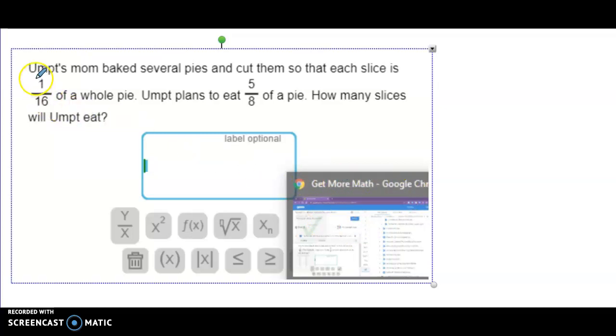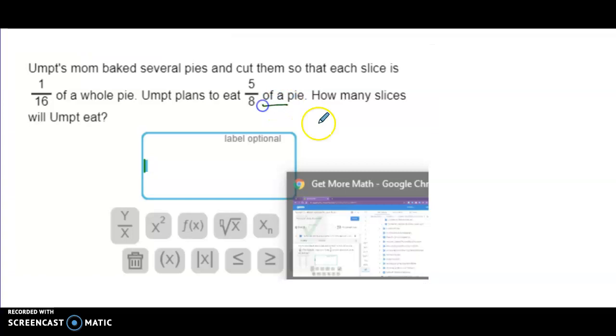Sorry about this. Mom has baked several pies, and she's taken each pie and divided them up into smaller slices. And each pie, one slice is equivalent to 1/16. Plans to eat 5/8 of a pie.